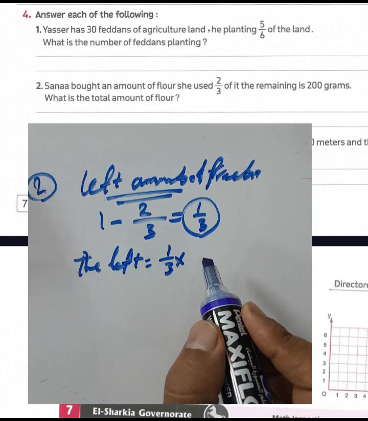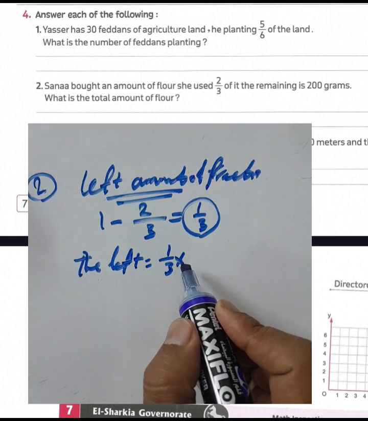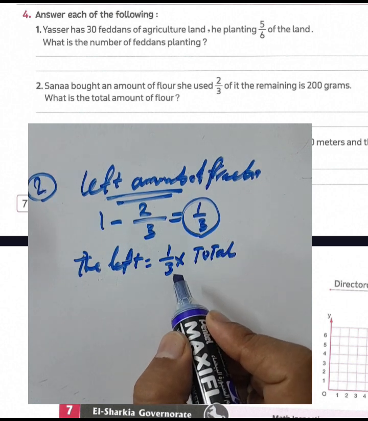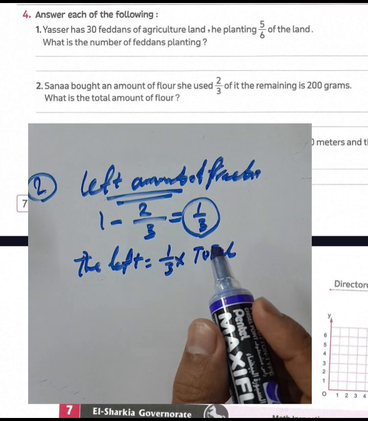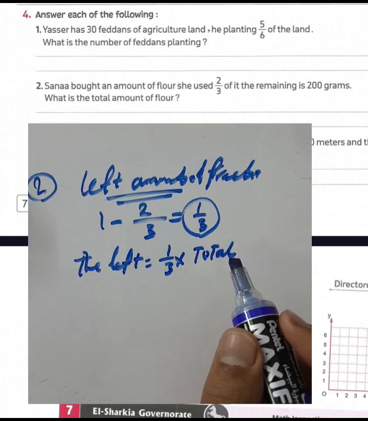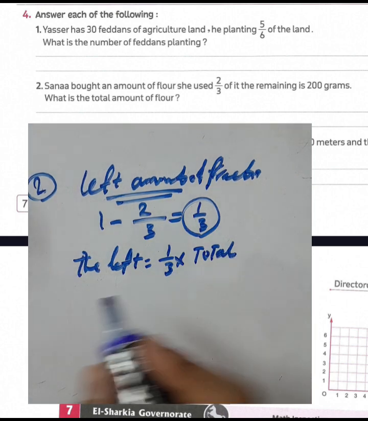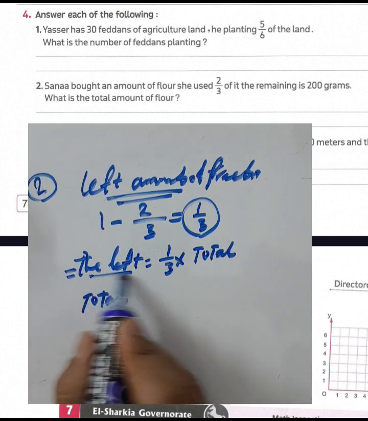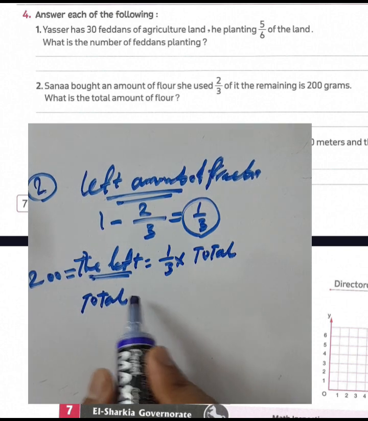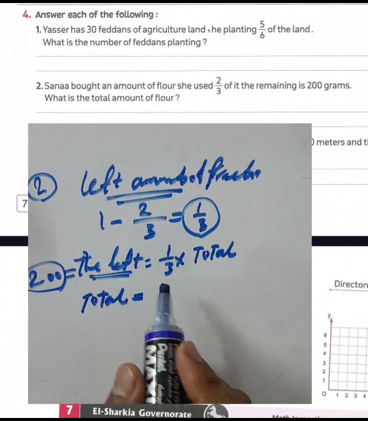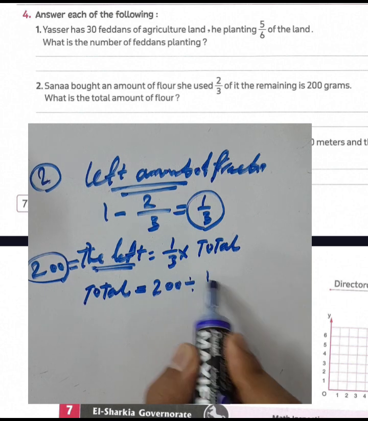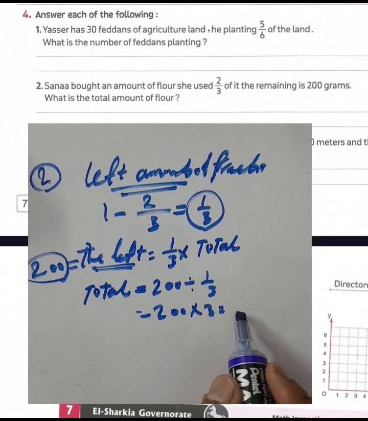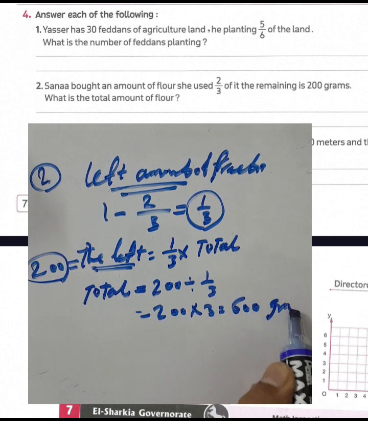We don't know the total amount, but he tells us the remainder is 200. Here we have the left was 200, and the total will be 200 divided by a third. Then write 200 product by 3. Then the result will be 600 grams.